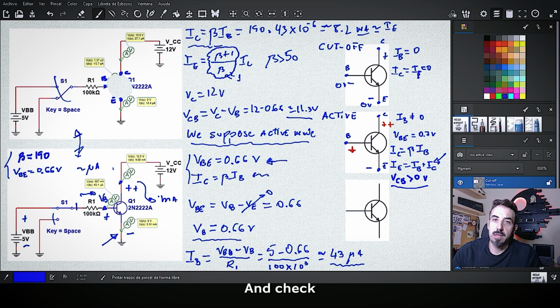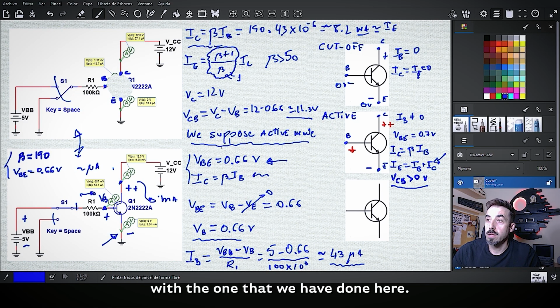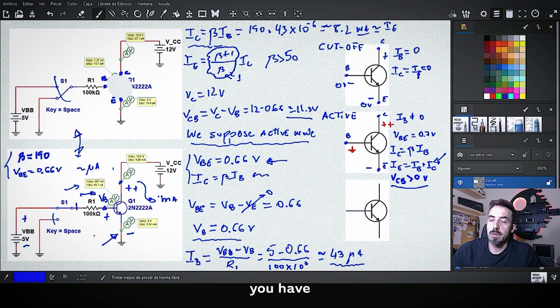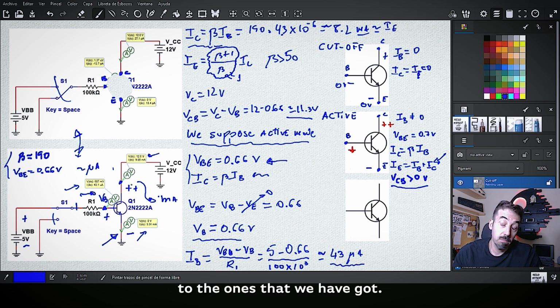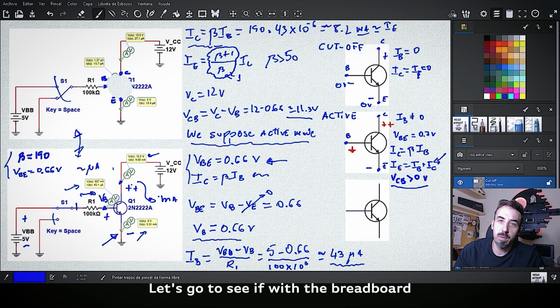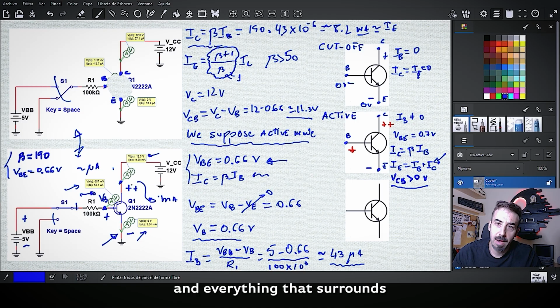Check that the results from the simulation also match the ones we have done here. If you look here, you have values which are very similar to the ones that we have found. Let's see if, with the breadboard and everything that surrounds the circuit, everything is going to work fine too. Let's go.